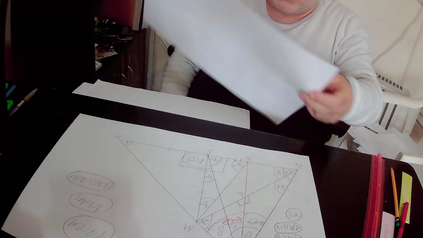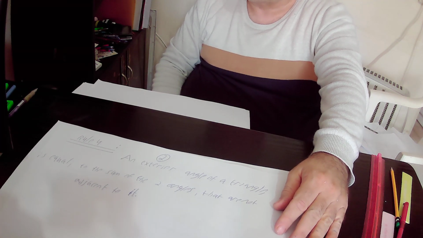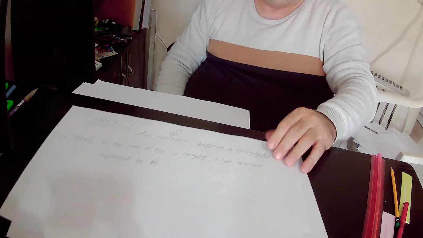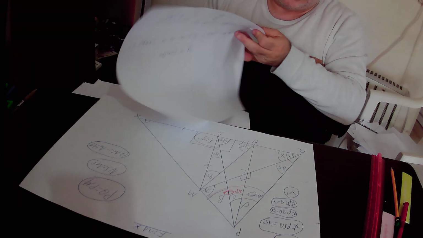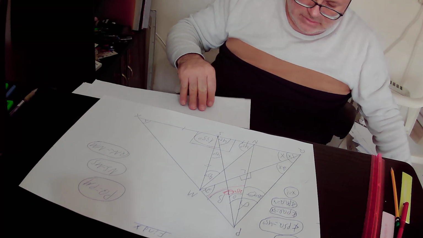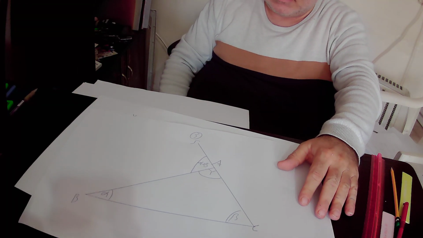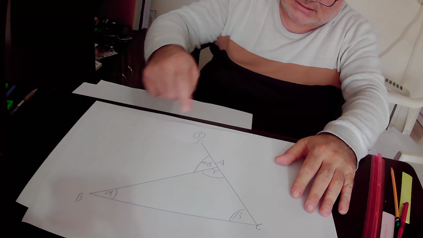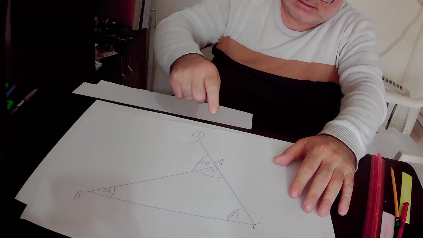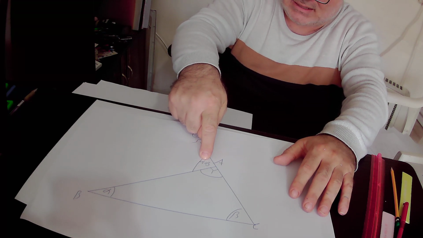According to rule number 4, an exterior angle of a triangle is equal to the sum of the two angles that are not adjacent to it. So what is the meaning of rule number 4? The meaning of rule number 4 is that if we have triangle ABC, that can be any triangle, angles alpha, beta, and gamma are the interior angles of triangle ABC, and angle SAB is the exterior angle of triangle ABC.